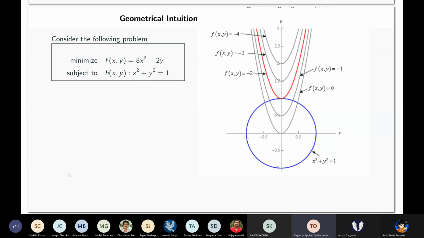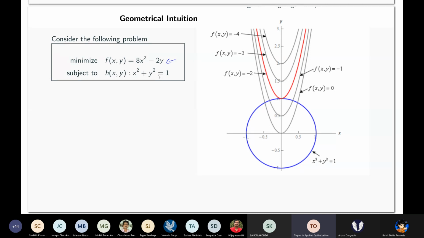Duality is, as I said, helpful for constrained optimization problems. This is one such problem that I'm showing you here, where I have an objective function f(x,y) equal to 8x² minus 2y, and then I'm giving a constraint h(x,y) equal to x² plus y².